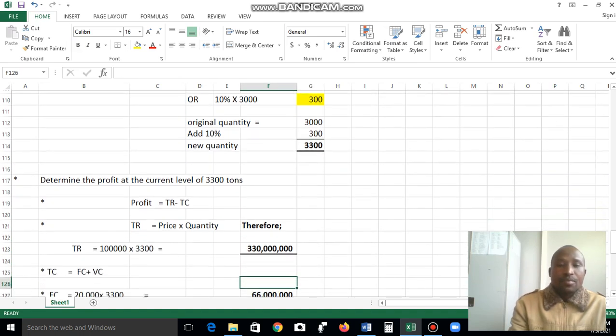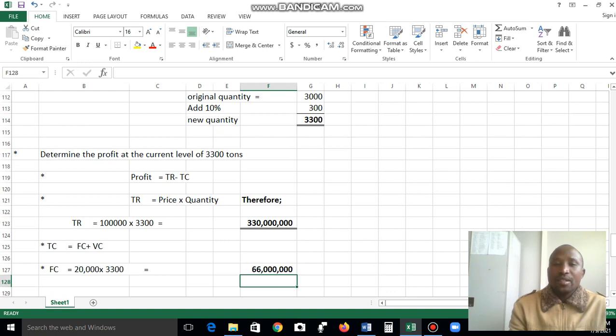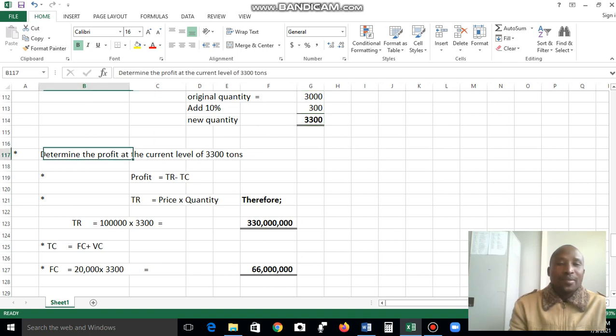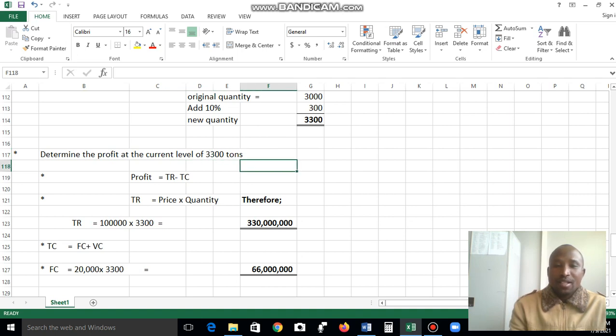Now, after getting the new quantity at an increased volume of 10%, we need to determine the profit at the new level of 3,300 tons. So what will be the profit there?